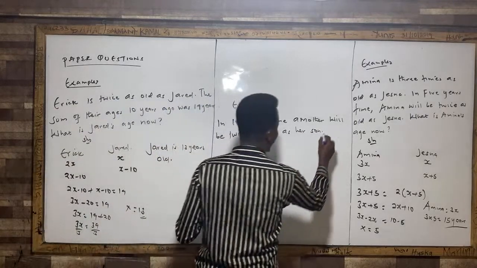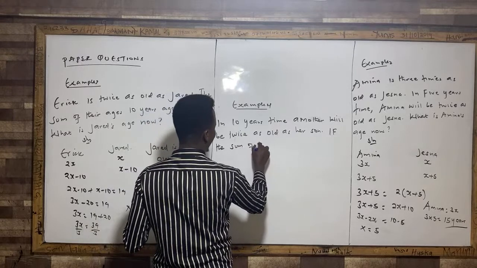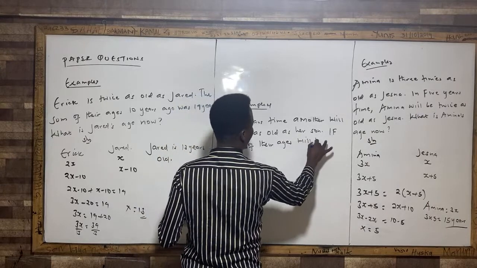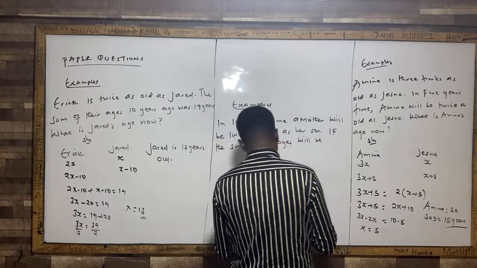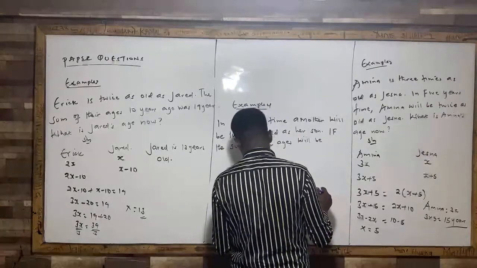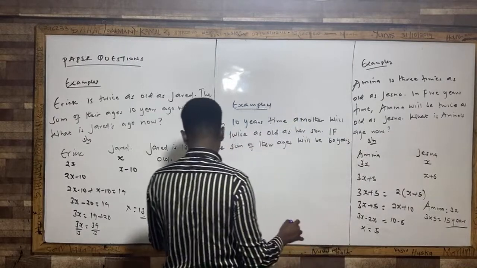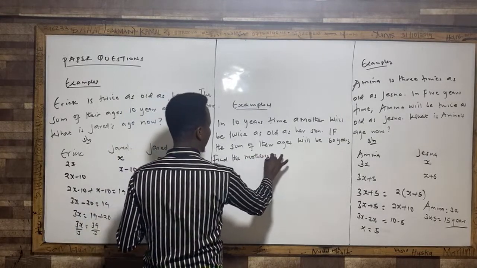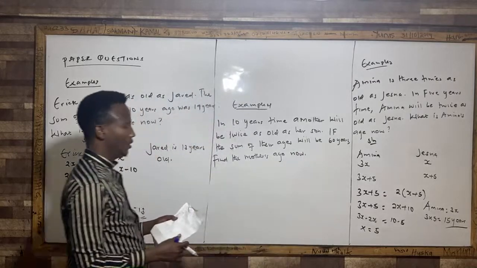If the sum of their age will be 60 years, find the mother's age now. Full stop.